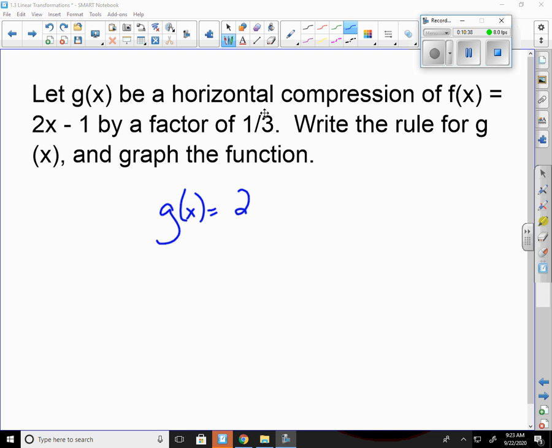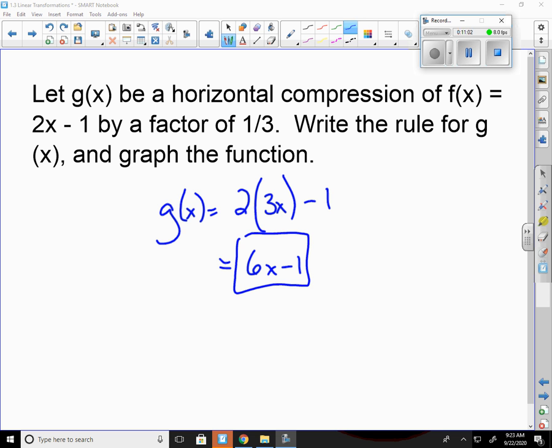So I can flip this because it's a compression, and that's going to be 3x because it's 1 over 1/3. And then minus 1. 2 times 3x gives me 6x minus 1. And that's my final answer. g of x equals 6x minus 1.